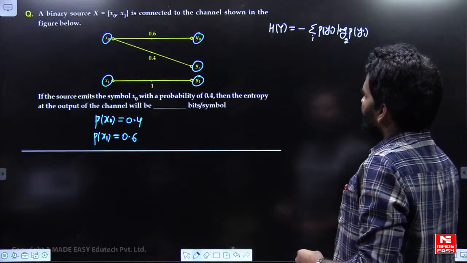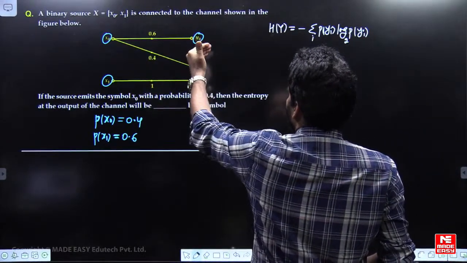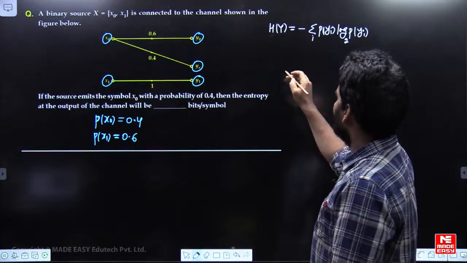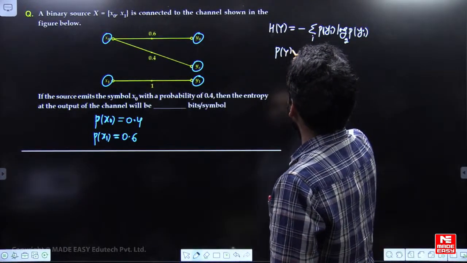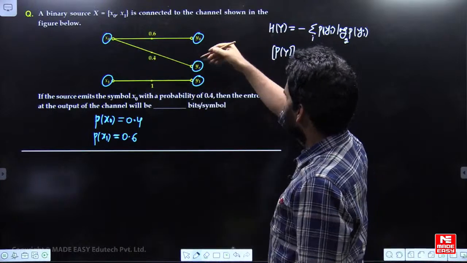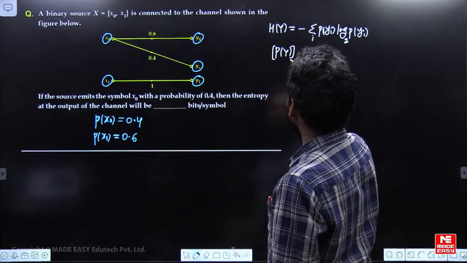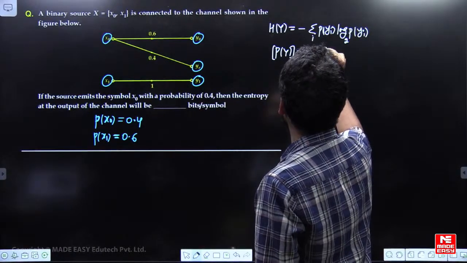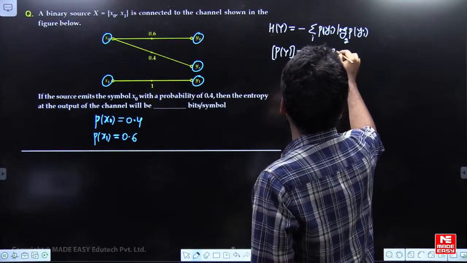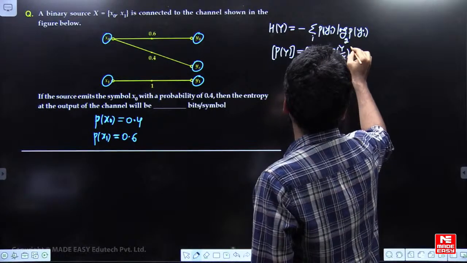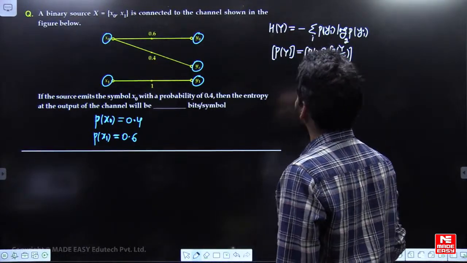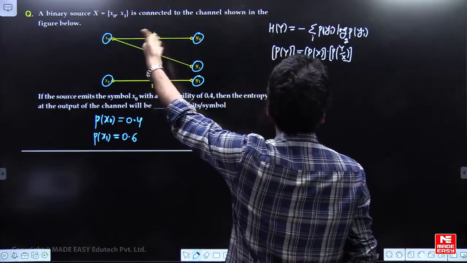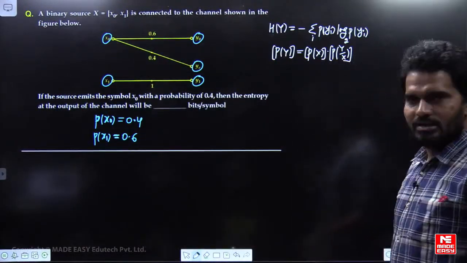Now we need these probabilities P(y0), P(ye) and P(y1) to find out. One way to get this is to get the PY matrix, because P(y0), P(ye), P(y1) are the elements of the PY matrix. So how to get PY? This is PX into P(Y|X). The PX elements are given, and from this channel diagram you can get P(Y|X).